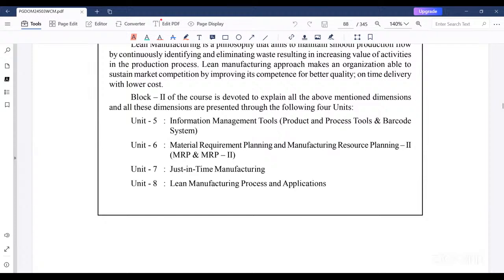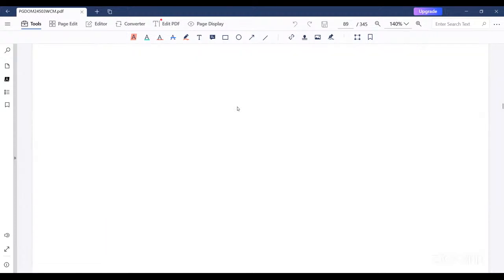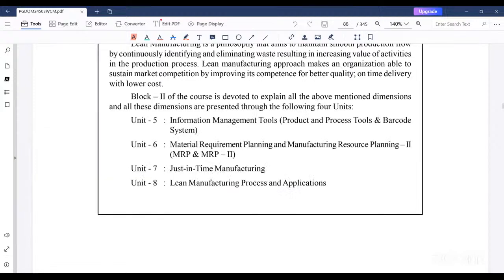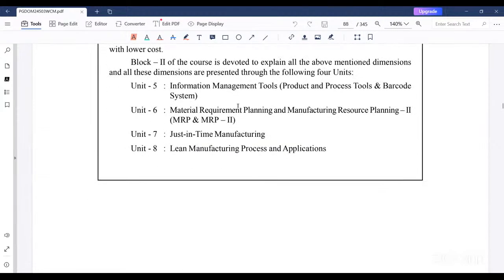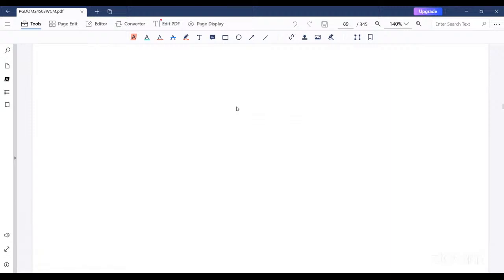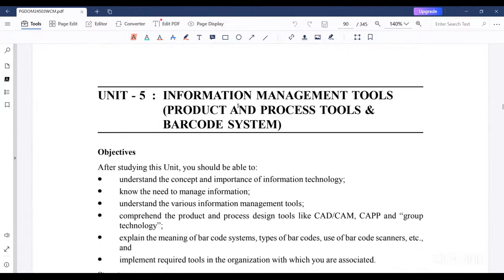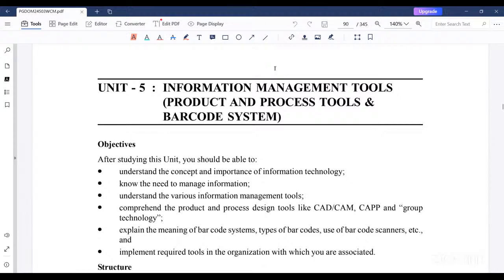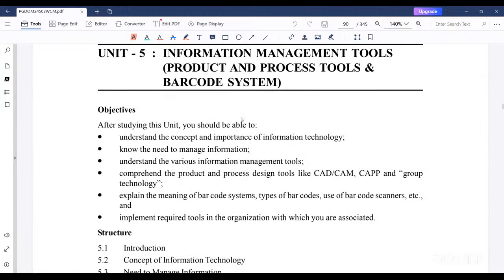So now let's understand the information management tools, in which we try to understand the product and process tools and the barcode system.